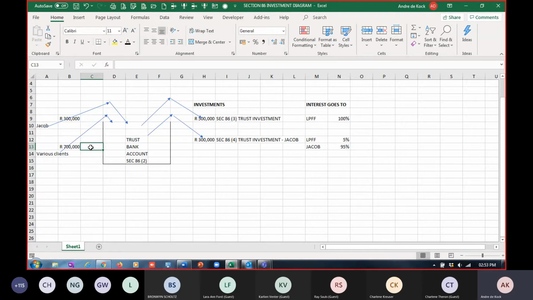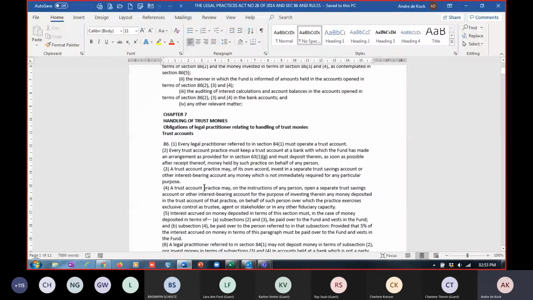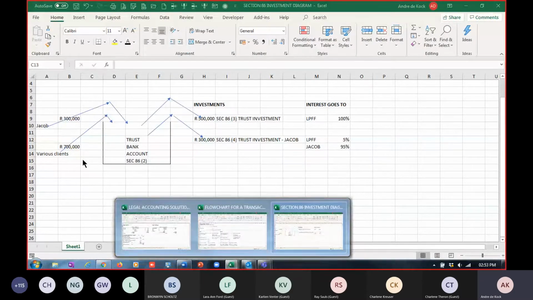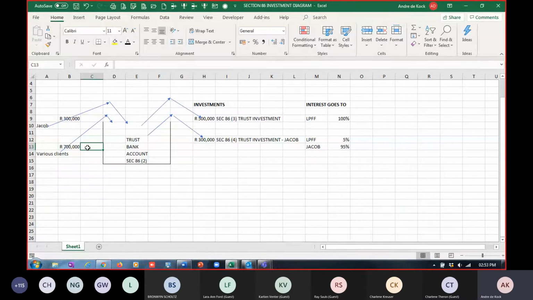And what was the other word that says here? A trust practice may of its own accord. So therefore, what do I do here? I've said to myself, listen, I don't need the 700,000 in an account which is earning no interest.